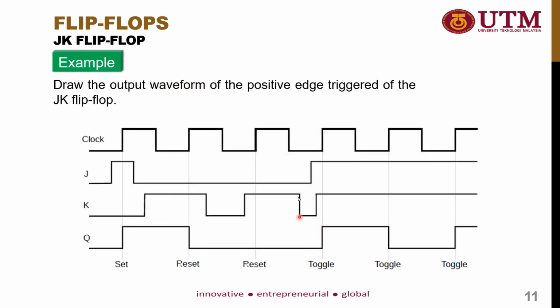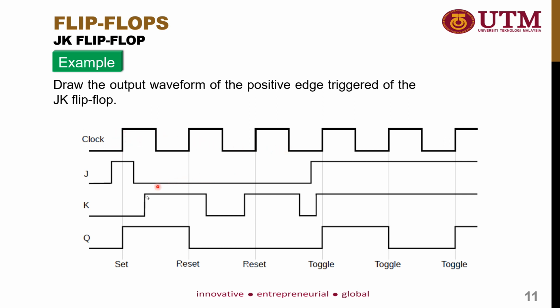Next, I will show you one example. Draw the output waveform of the positive edge triggered JK flip-flop. This question already mentions that the type of JK flip-flop is positive edge, so you can just observe the rising edge of the clock in each cycle.